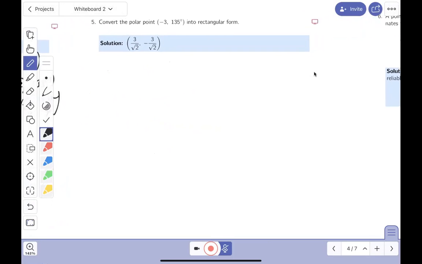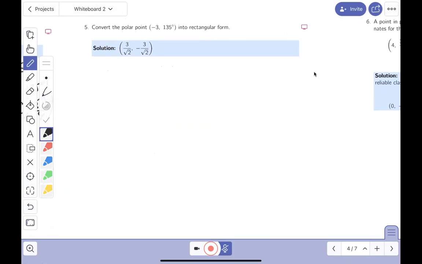We'll get to that. Okay, this one says convert the polar point. So the question is, what is the polar point given to me? I'll write this one down for you. The polar point is minus 3, comma, 135 degrees. So I'm going to point out r is minus 3, and theta is 135 degrees.